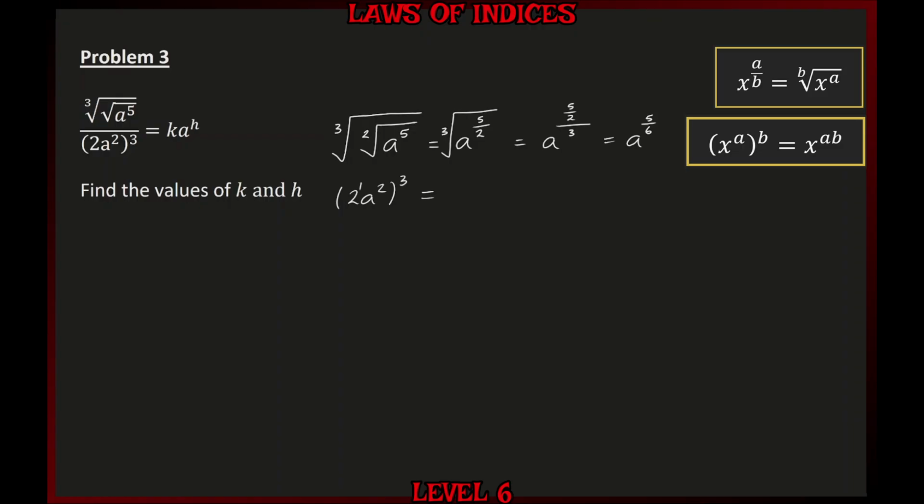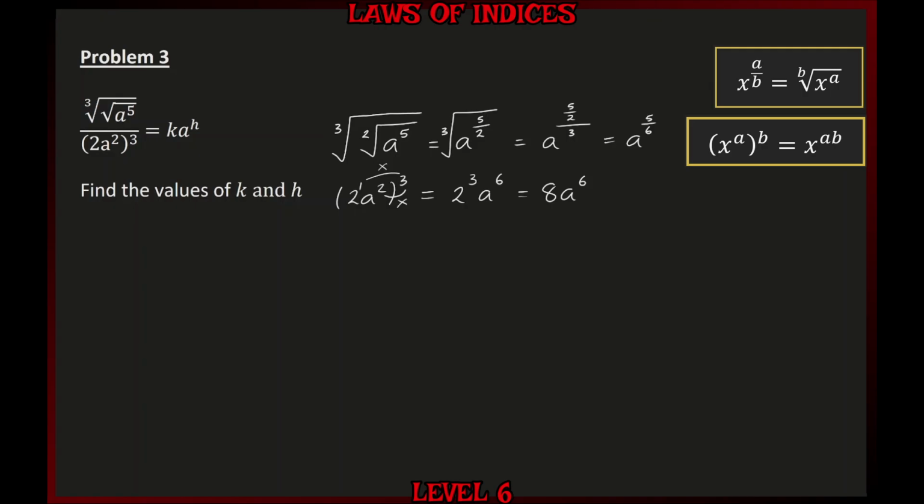So starting with 1 times 3, this becomes 2 to the power of 3. Next, 2 times 3. So we have a to the power of 2 times 3, which is 6. And simplifying further, 2 cubed is 2 times 2 times 2, which is 8. So our denominator becomes 8a to the power of 6.